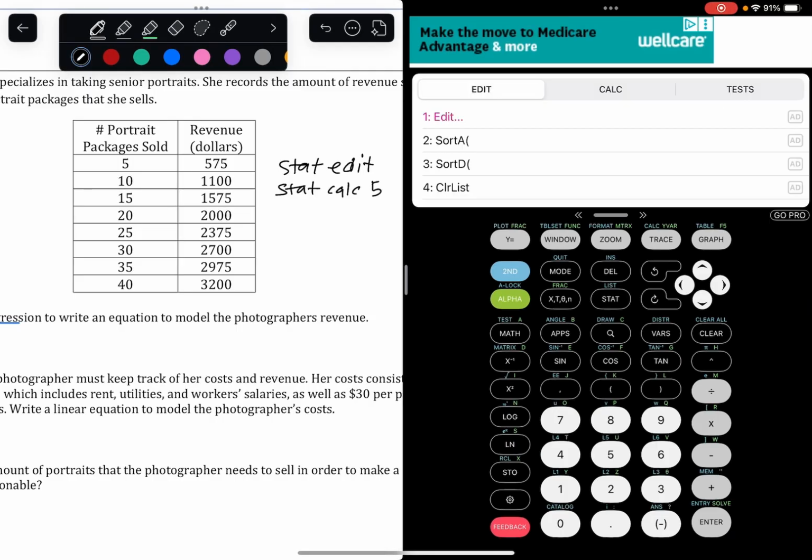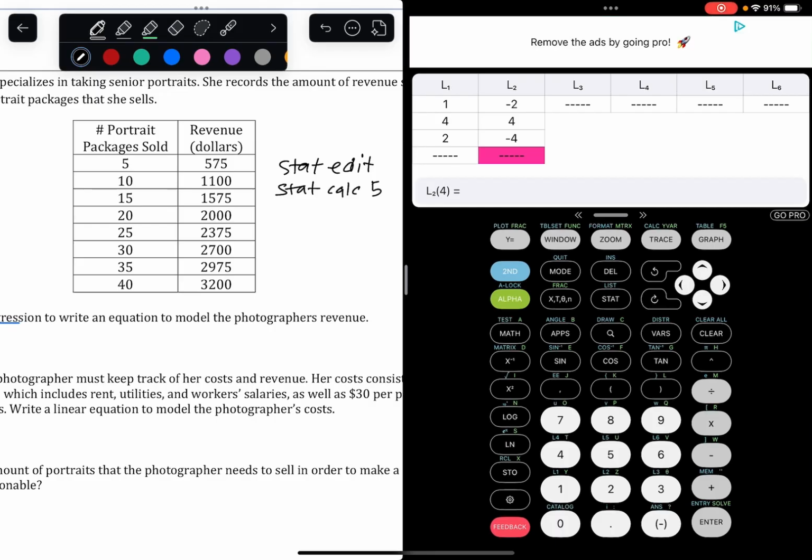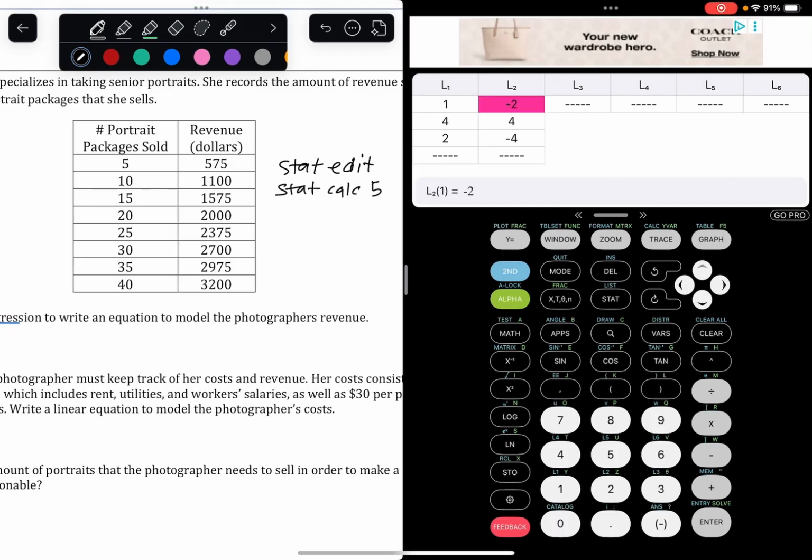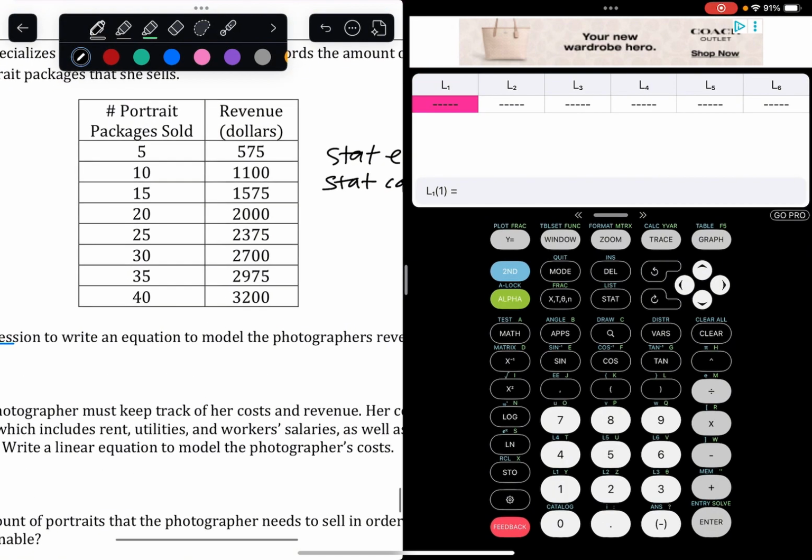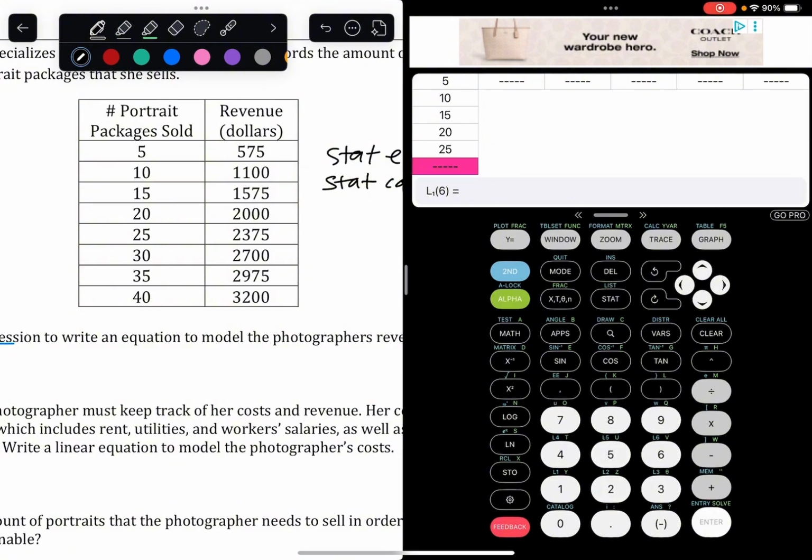So Stat Edit, and then you can go up and highlight L2 and press clear, enter, and then L1, clear, enter. We can type our new data. So 5, 10, 15, 20, and you need all the points. If they give you data, use all the points.